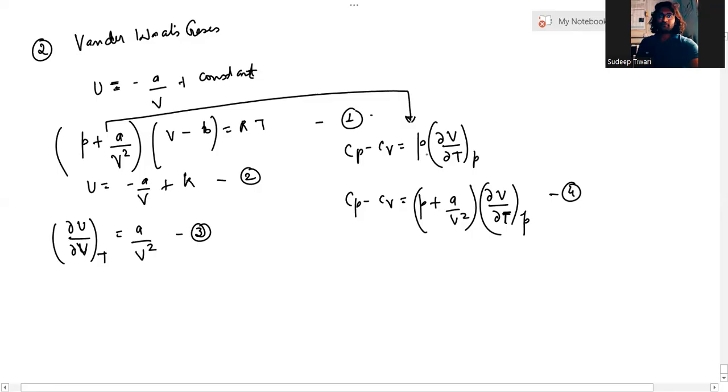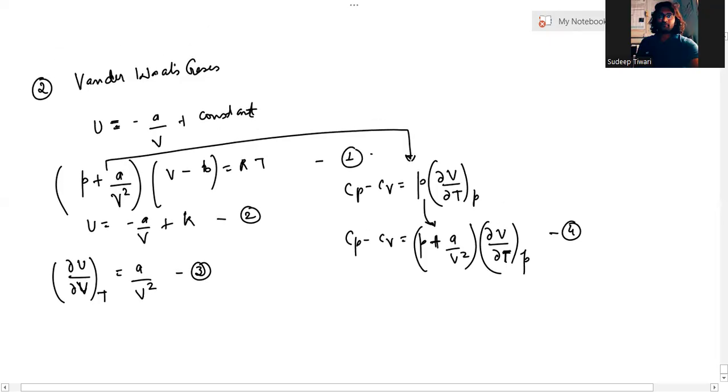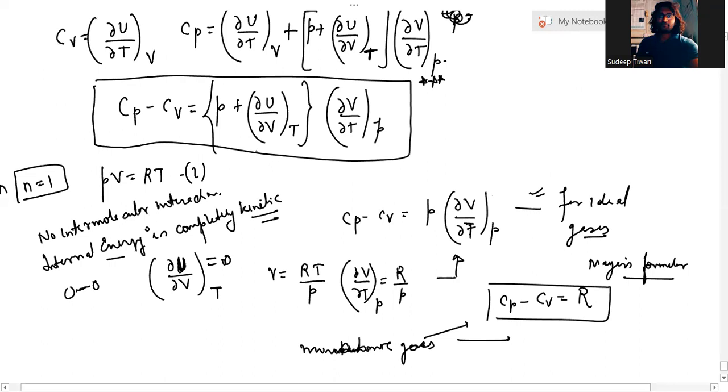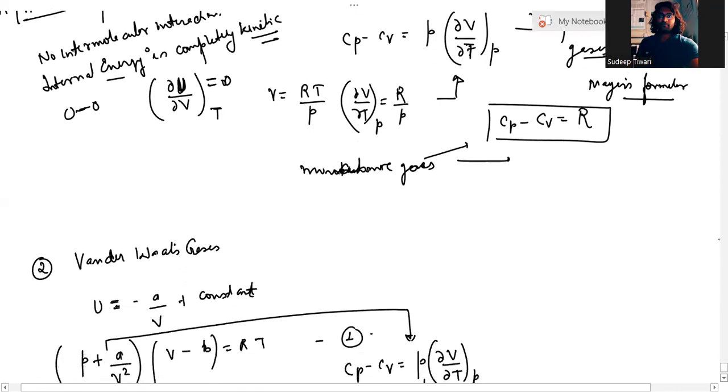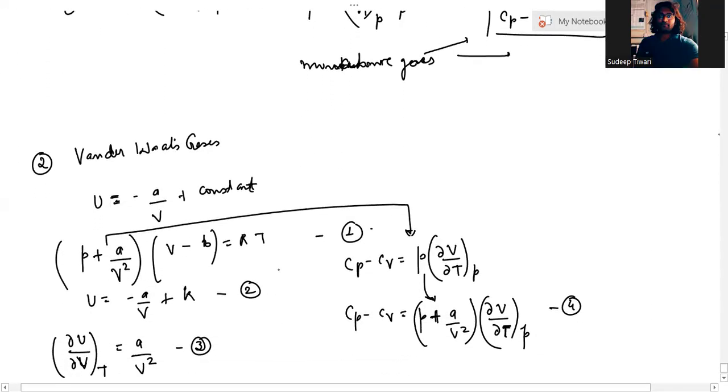So instead of P, I will get this term now, P plus A by V square. See why? Because no longer this term is 0. This term was 0 otherwise, but now it is not 0. So I'm just adding this term in the van der Waals equation. Instead of P, we'll have P plus del U by del V term also added, and this will result in the same term, which is equal to P plus A by V square. So I hope it is clear.